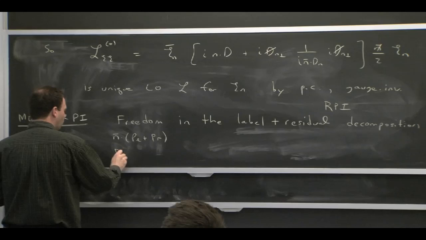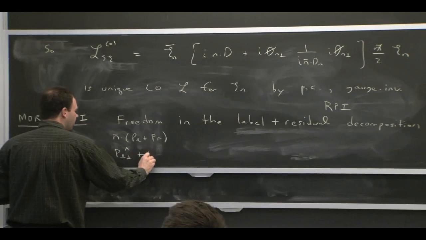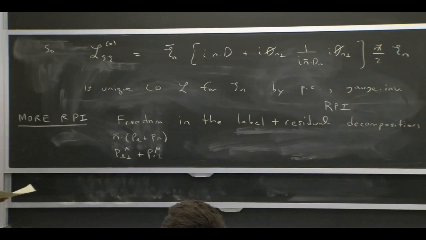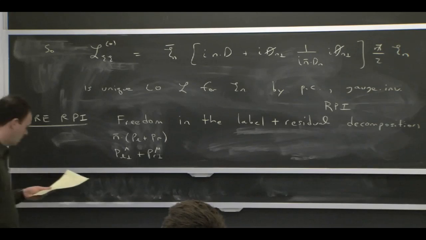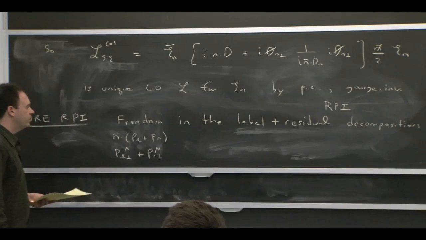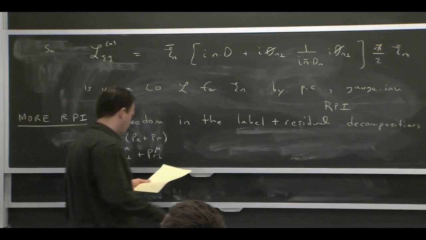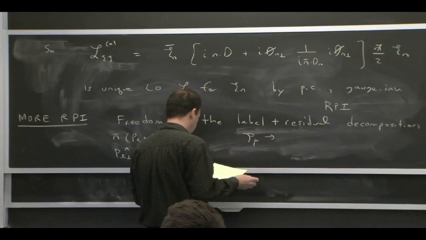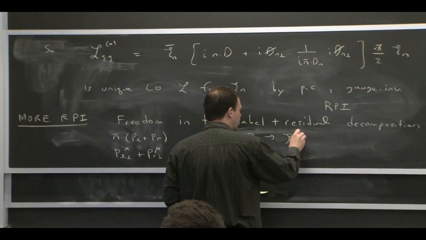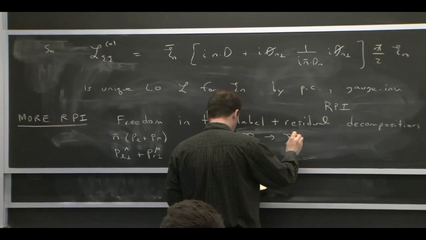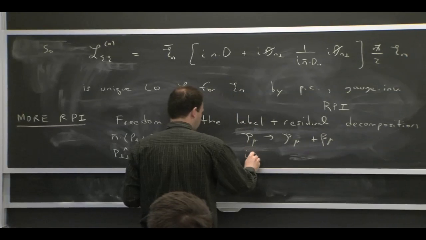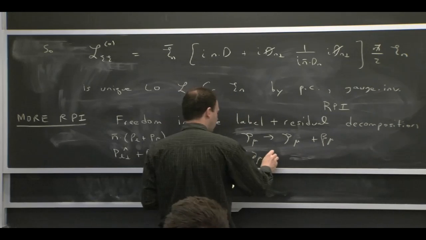So we had this split of label and residual momenta. We thought about the labels as discrete. But still, even if they're discrete, there's a freedom in how we make this split. And so we could, if you like, take our label momentum operator and transform it by adding some beta, which has a power counting of order lambda squared.